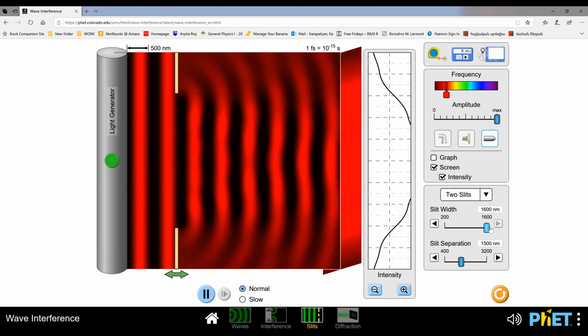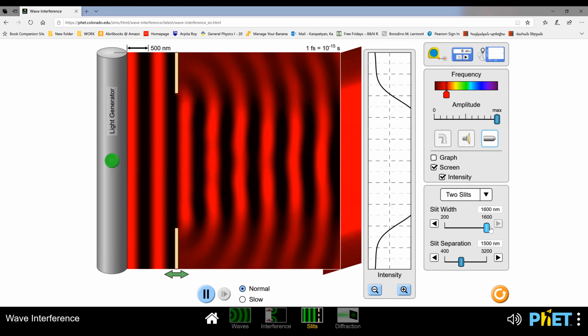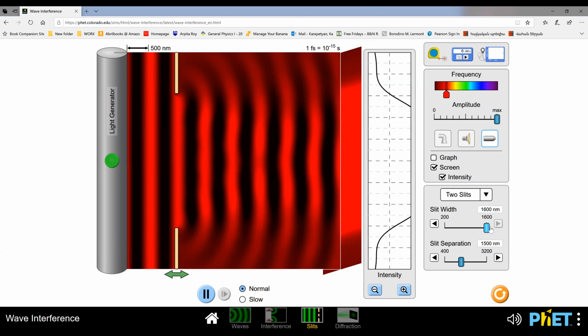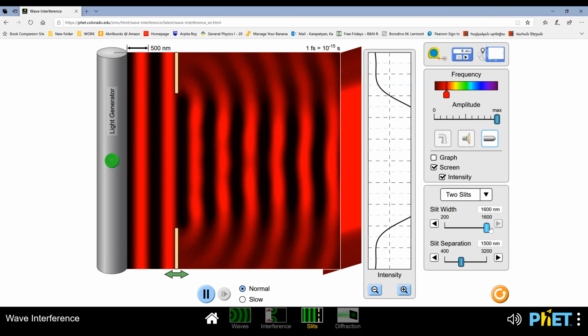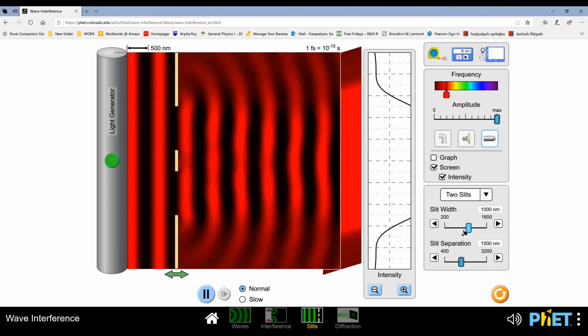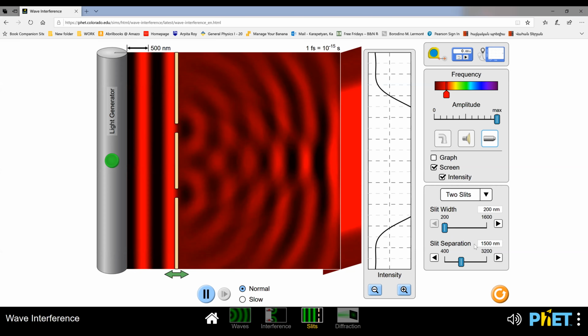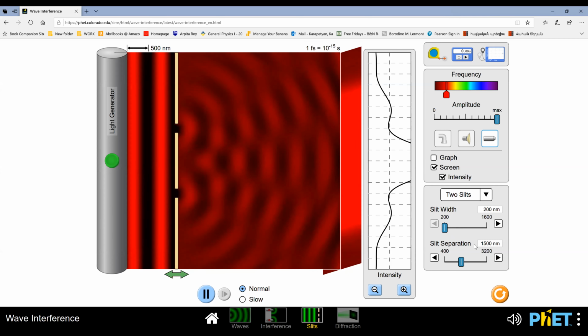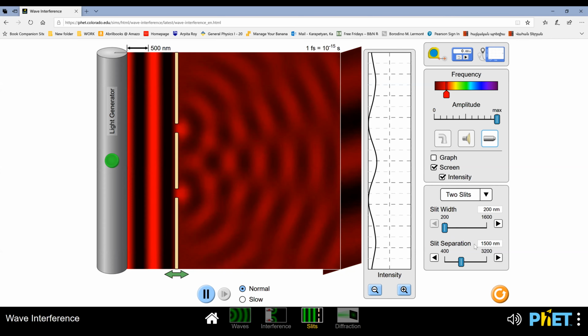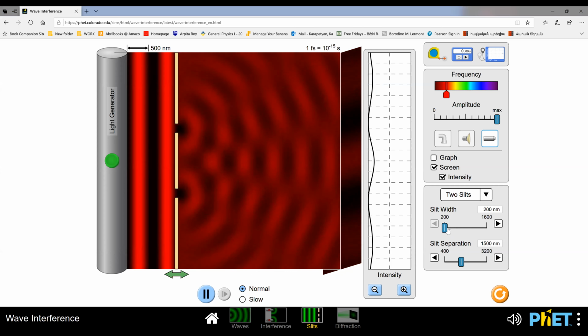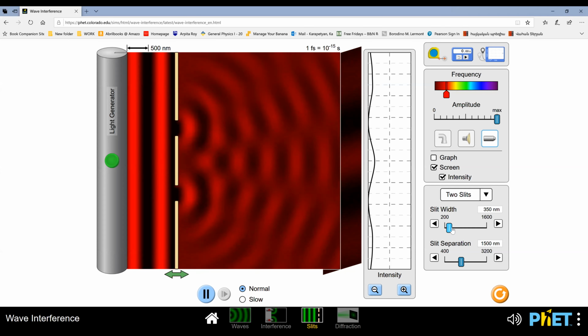Something like that. Over here, you would not think of light as a wave because it goes through an opening and there's a bright spot in front of it. But when you have two slits with very small openings, you get diffraction patterns because the light going through those two openings interferes with one another.